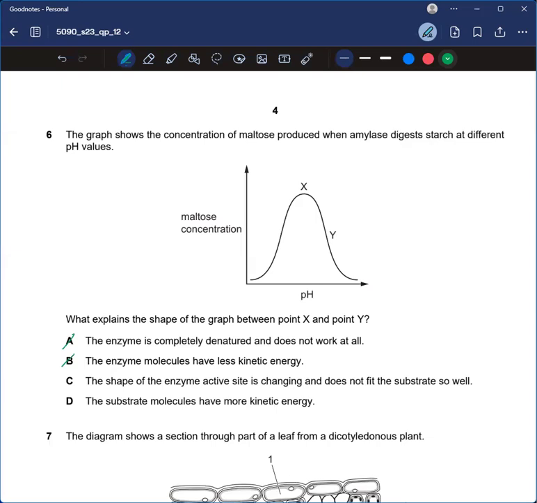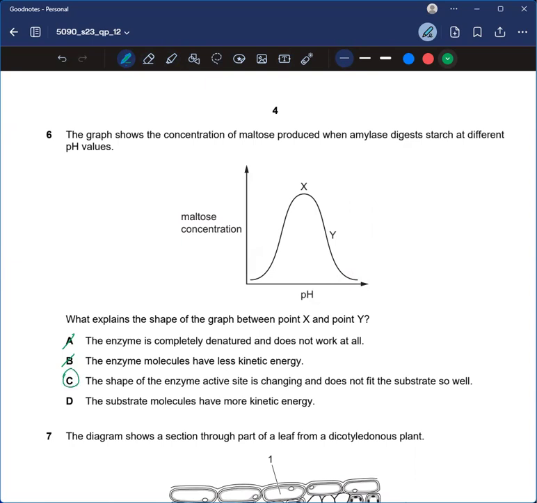Or not basically denature, it would start to denature, and at a point it will eventually get denatured completely. But here we can say that it has started to denature. Denaturing means changing and does not fit the substrate. So this is correct.